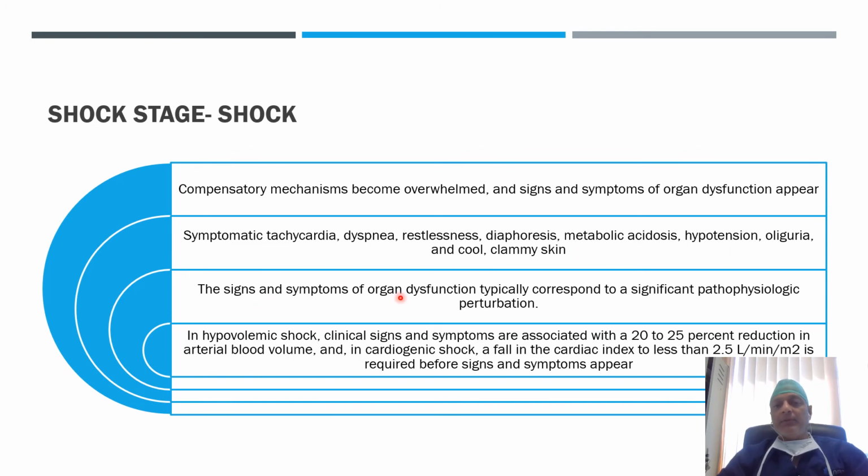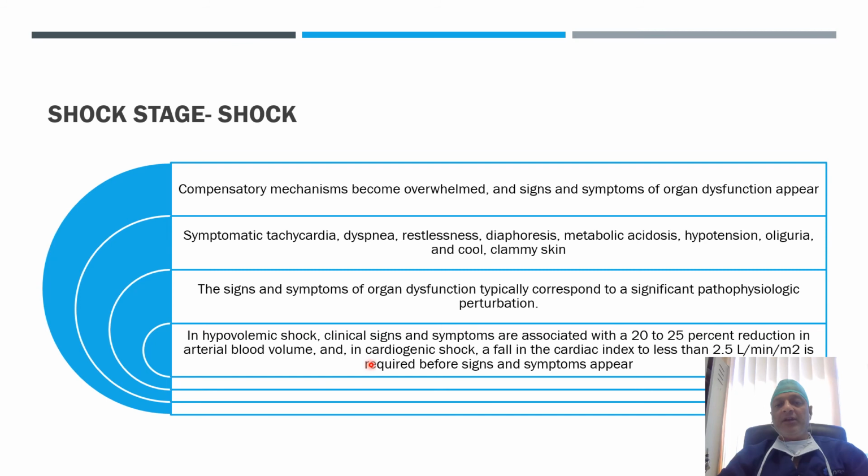The signs and symptoms of organ dysfunction typically correspond to a significant pathophysiological perturbation. It means in hypovolemic shock, clinical signs and symptoms are associated with a 20 to 25% reduction in the arterial blood volume. Once the patient has signs and symptoms, that patient has lost this much volume.